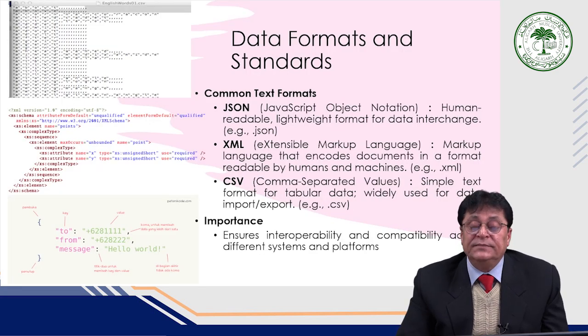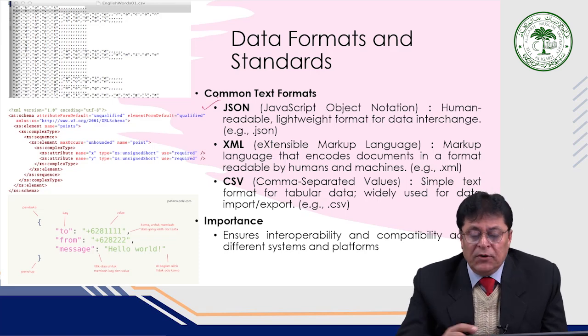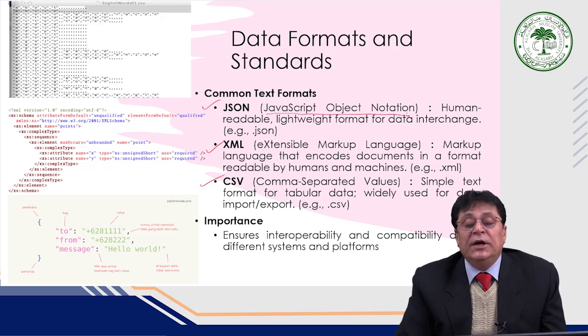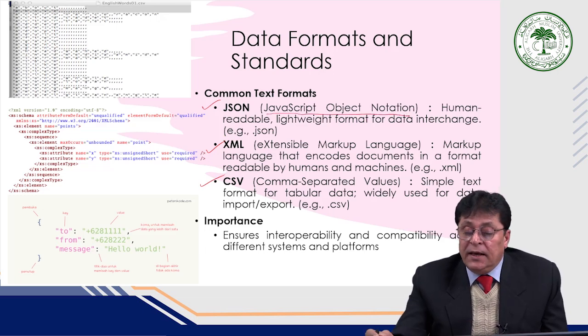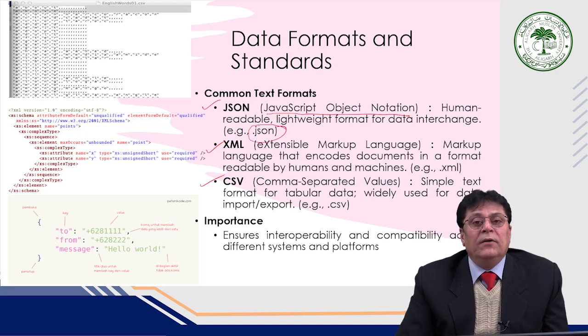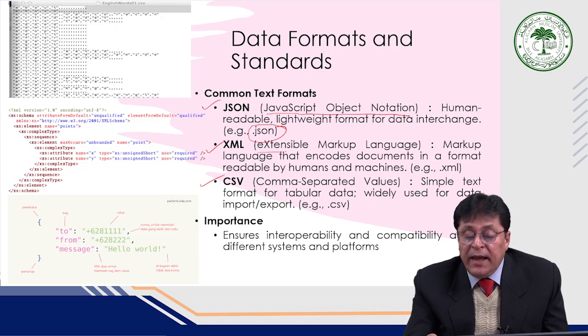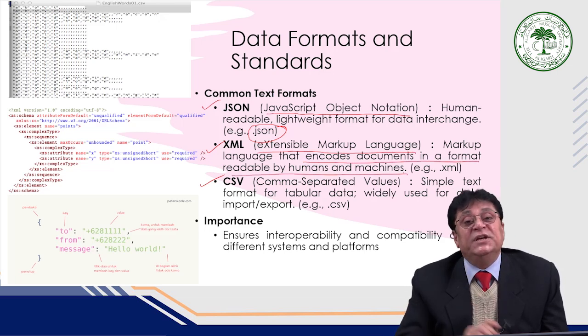Say for example, some of the common text formats: JSON or XML or CSV. JSON is JavaScript Object Notation. File extension name is .json. XML, extensible markup language, which encodes documents in a format readable by humans and machines.